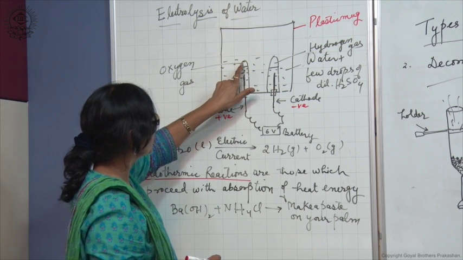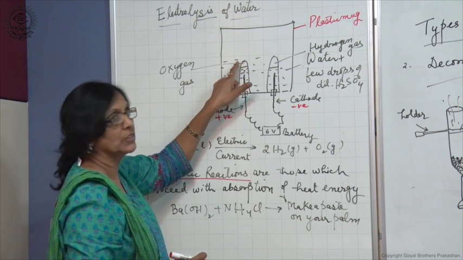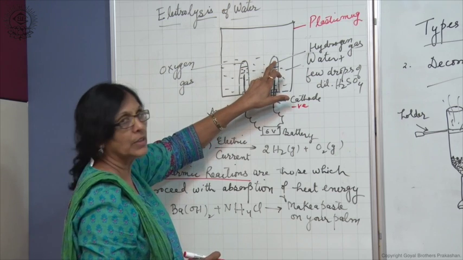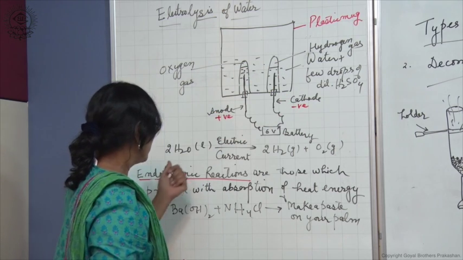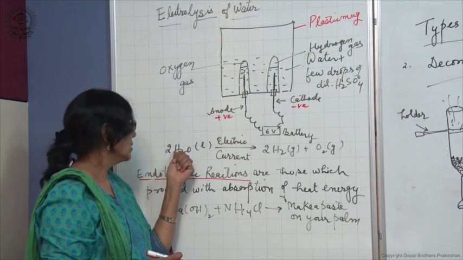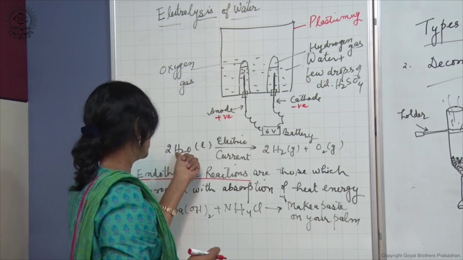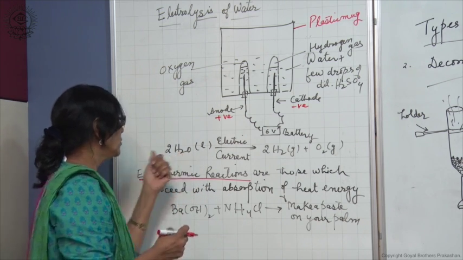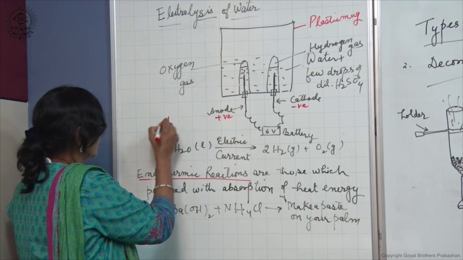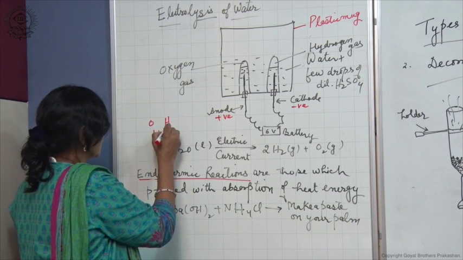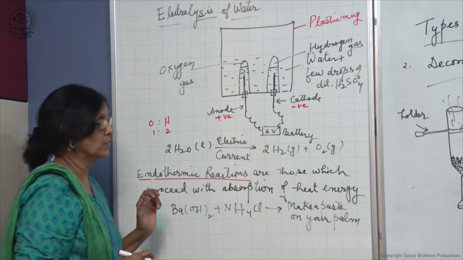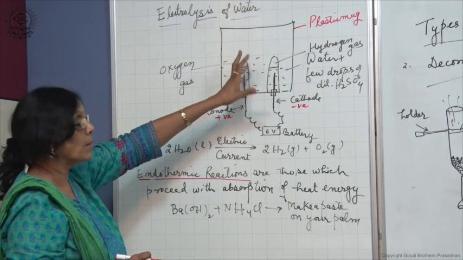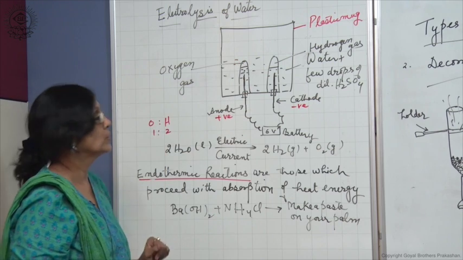Now, you can see one more thing, that the volume of oxygen gas is more or less half of the volume of the hydrogen, because according to the formula the ratio of oxygen and hydrogen is 1:2. Oxygen is 1, hydrogen is 2. So, the volume of hydrogen collected will be double the volume of the oxygen.